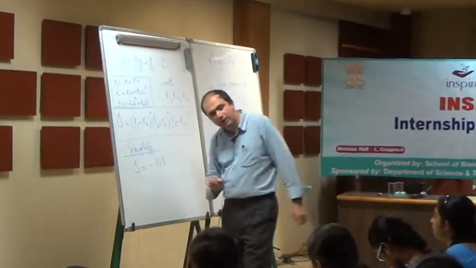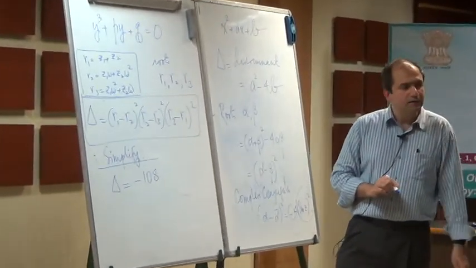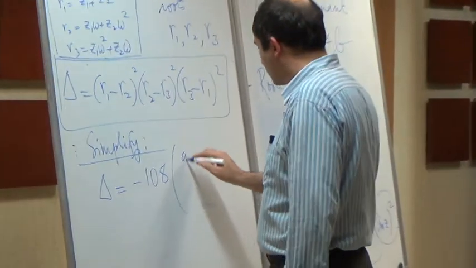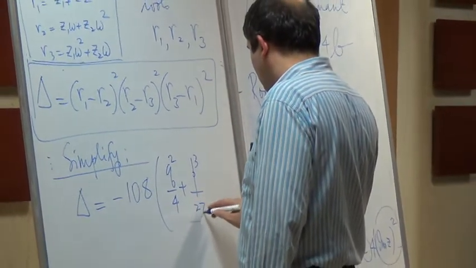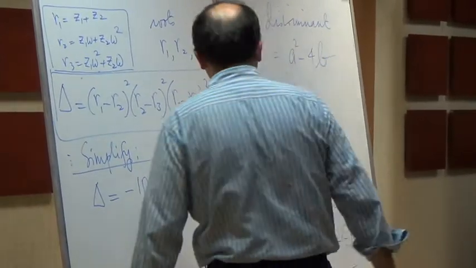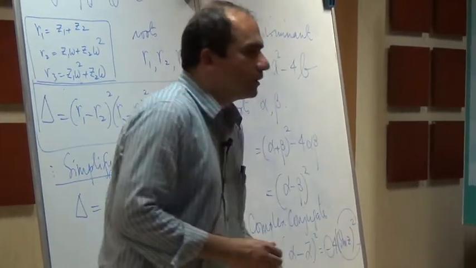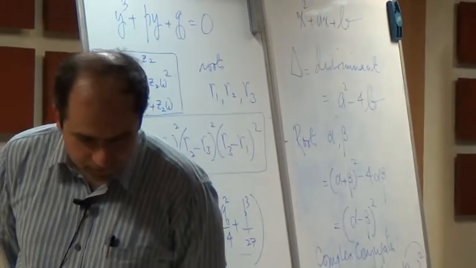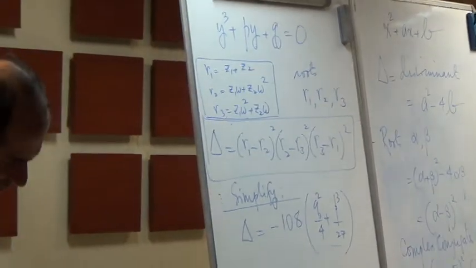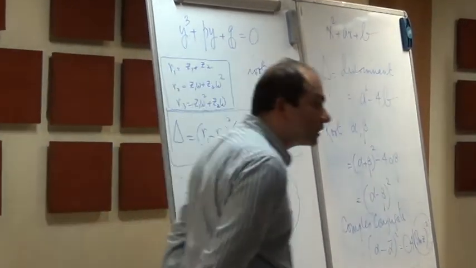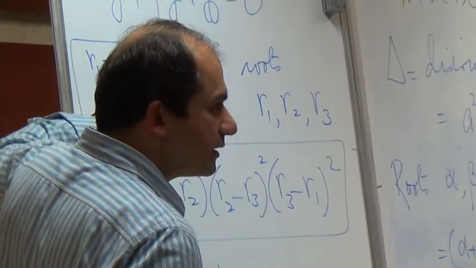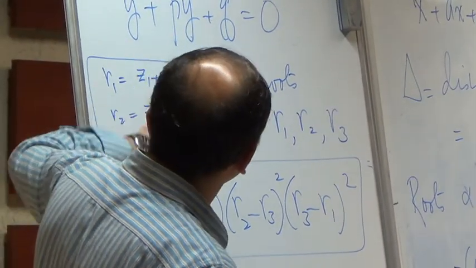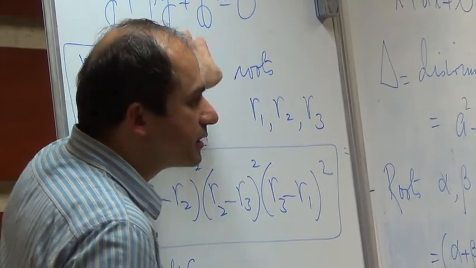It turns out to be minus 108 times... It is not a typical calculation. Maybe in the evening today some of you should try. Just plug these values in and use the fact that they are roots of this equation.